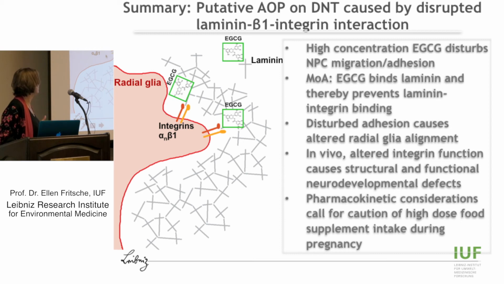This is causing a disturbed adhesion and an altered radial glia alignment. And I told you that in vivo, the altered integrin function causes structural and functional neurodevelopmental defects in mice. And the pharmacokinetic considerations call for caution of high-dose food supplement intake during pregnancy.